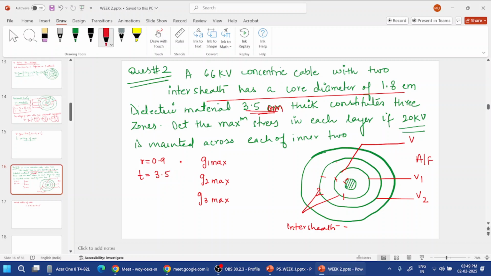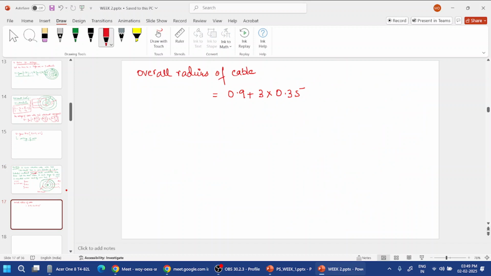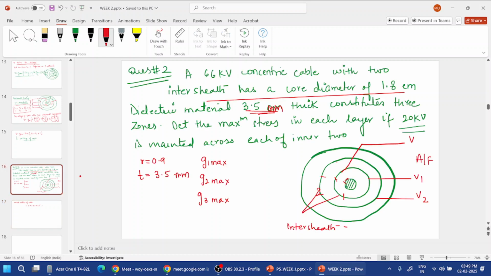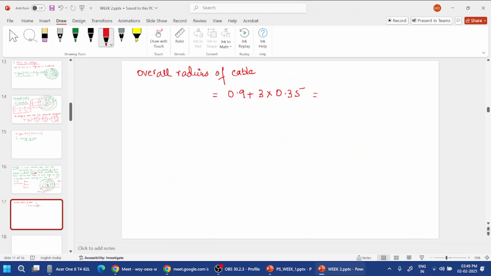That's why it comes out like this. Three intersheaths are there, like this is 0.35, this is 0.35, and this is 0.35. So basically the overall radius of the cable will be 1.95 centimeter.